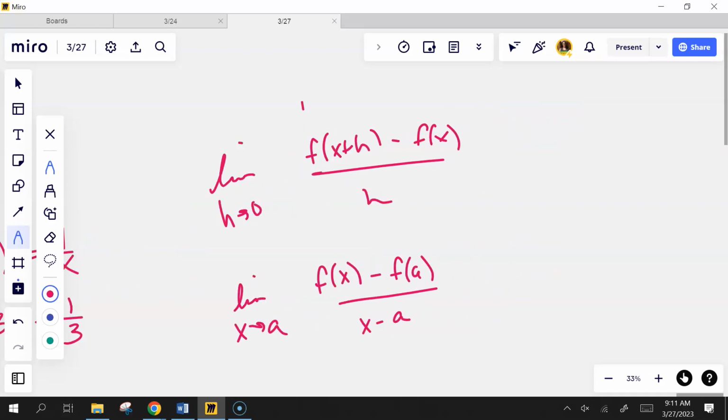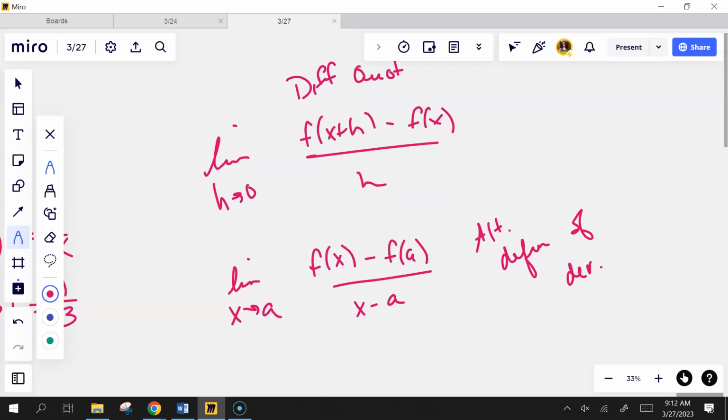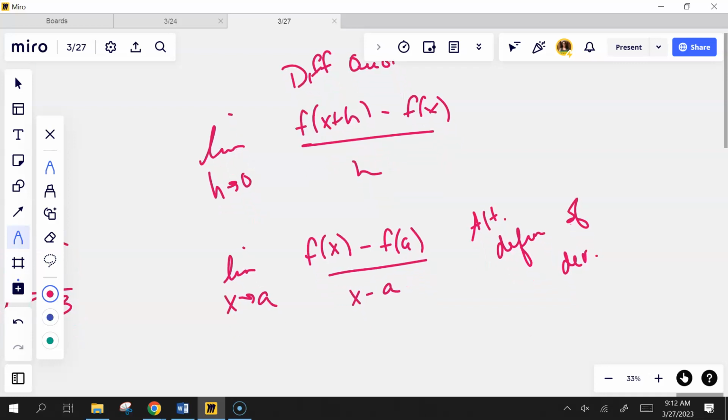This is difference quotient. This is the alternate definition of derivative. This gives you derivative of f.